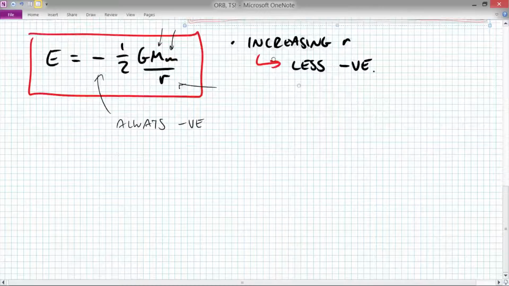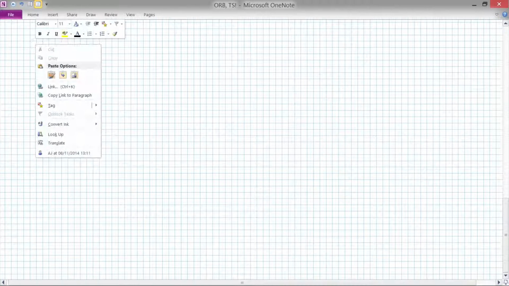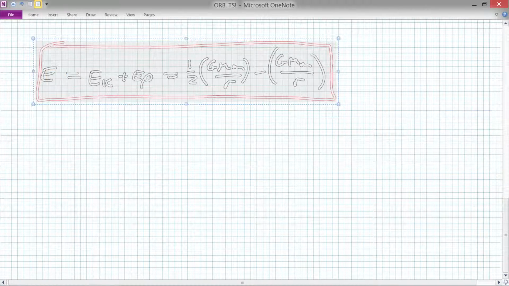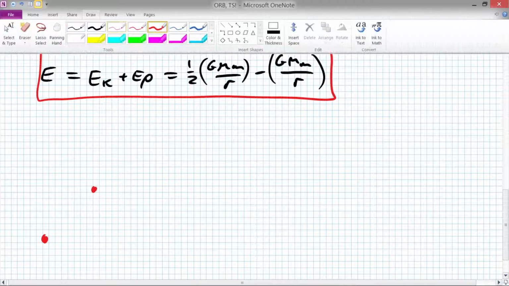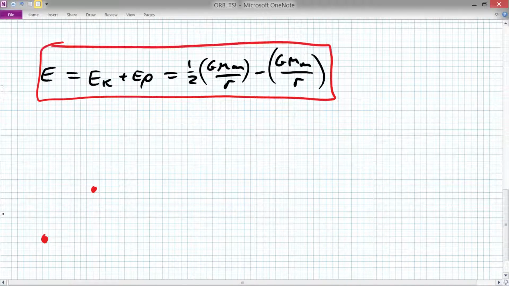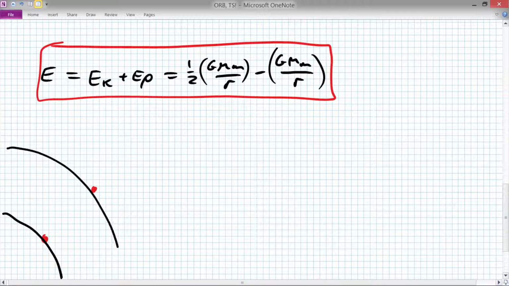So one thing particularly rocket scientists are interested in, and the equations do become more complicated, what happens if I start off here and I move up to a higher orbital radius? So this is my original radius and I move up here. So R is increased.